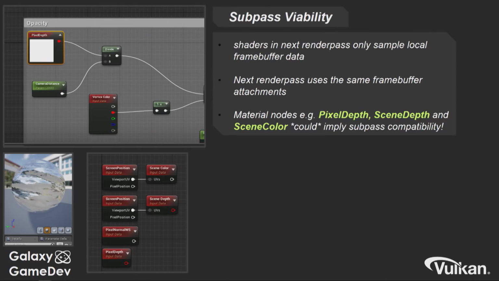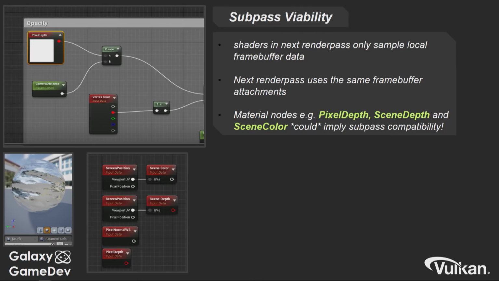So to go through some cases of where this is possible, this is only possible if your materials and shaders are sampling the same local value in your frame buffer that was written to in a previous pass. So the most common thing here is if you're rendering some sort of effect like water or God rays, these often do some sort of depth sample in order to do a smooth fade.